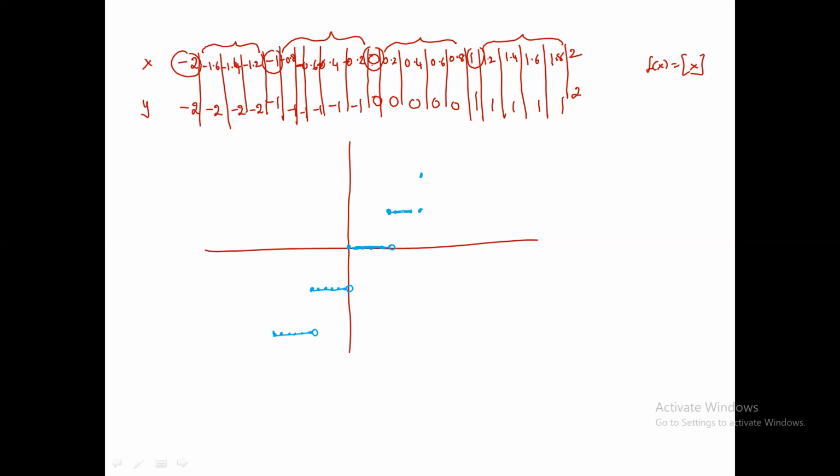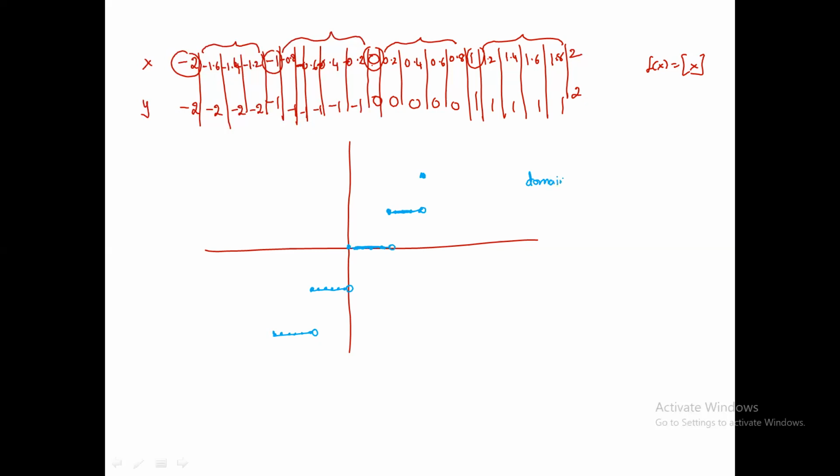So all these answers will be 1, but you won't take 2 because 2 will start here. So this is how you will have the graph of this function, the greatest integer function. I have written it on the previous page.